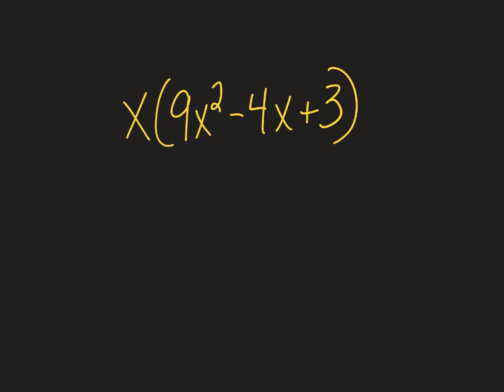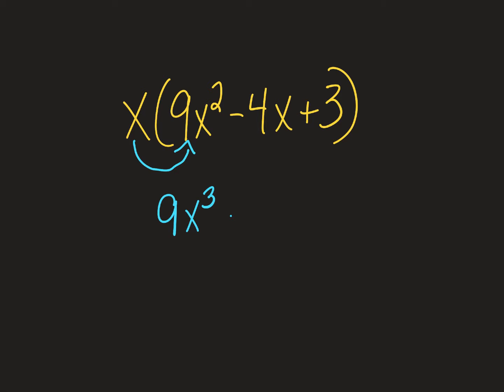This is important, okay? So you're distributing and you're sharing the multiplication duty, okay? So let's say we have x times 9x squared minus 4x plus 3. Okay? So, pay attention. I'm going to multiply x times 9x squared, which my answer would be what? 9x to the third.